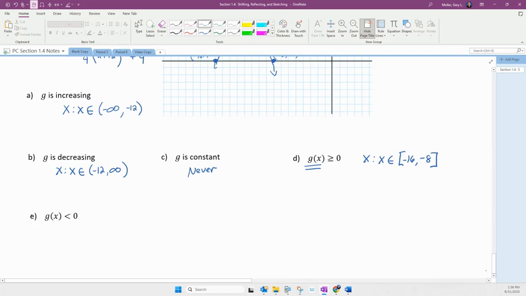Oh, when is it less than 0? So that's going to be on all the x's that are in the region from negative infinity to, where did it change? Negative 16, union, negative 8 to infinity.